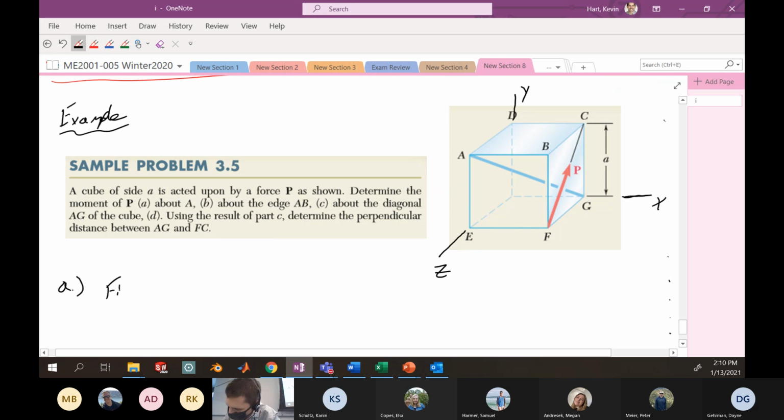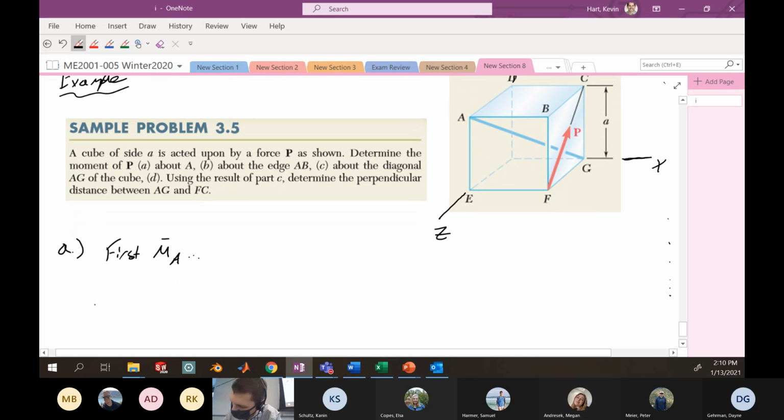Okay. So first, I want the moment about A. Okay, well, that's pretty straightforward here. It's the position vector which locates F from A crossed with the force at F. All right.